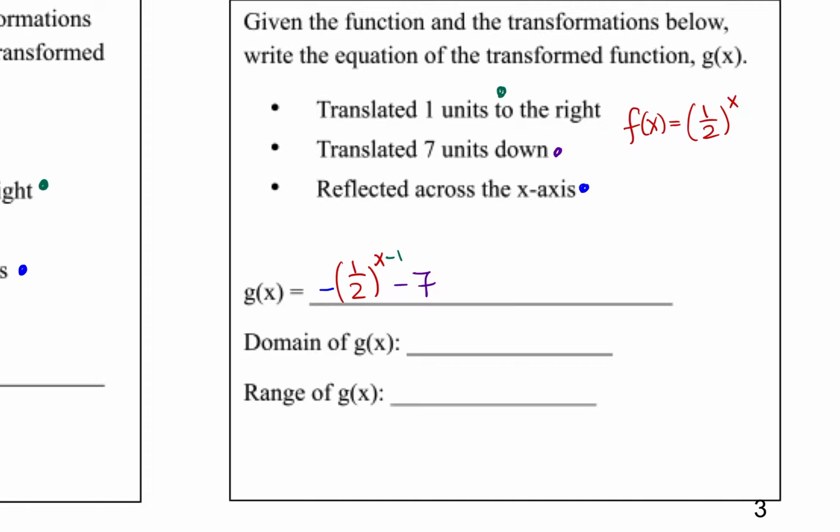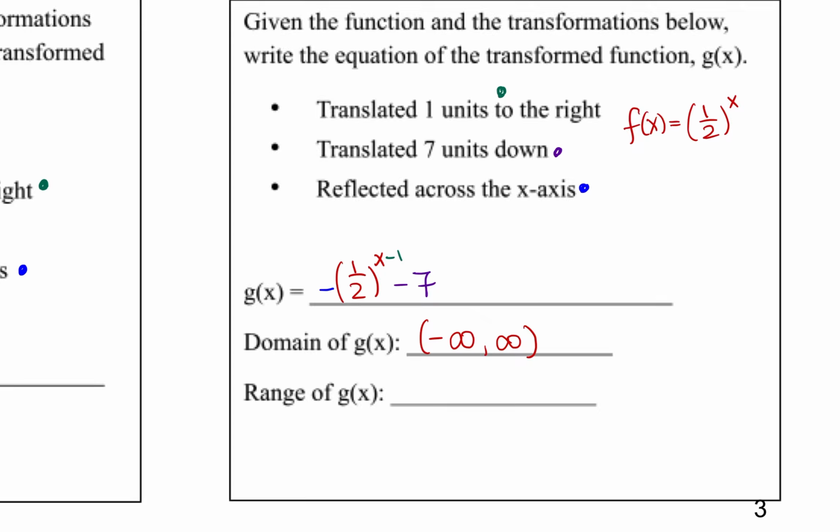Now it's asking us what's the domain of g of x. I will easily say that for all exponential functions, the domain is going to be from negative infinity to positive infinity. Okay, next we will answer the following question. Now, for the range of g of x, here's what I would say. This graph is going to be reflected across the x-axis, right?